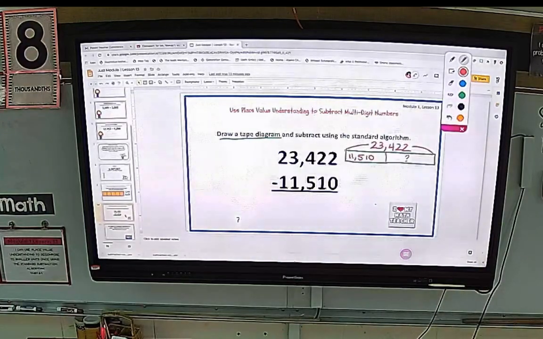Go ahead and work this problem. Make sure your numbers are lined up. Right now, we're going to work the problem.